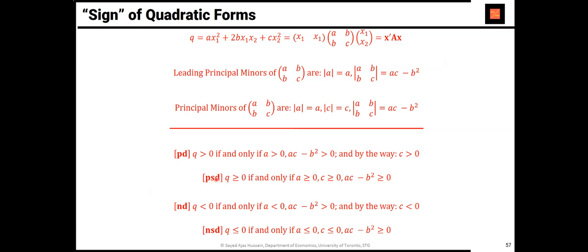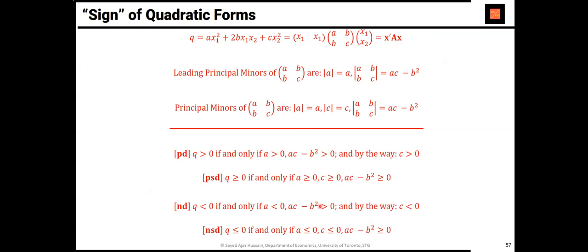A matrix is PSD if and only if all the principal minors are bigger than or equal to 0. Notice I did not say leading principal minors, but principal minors. What about ND? ND is a bit tricky. The first leading principal minor must be negative.